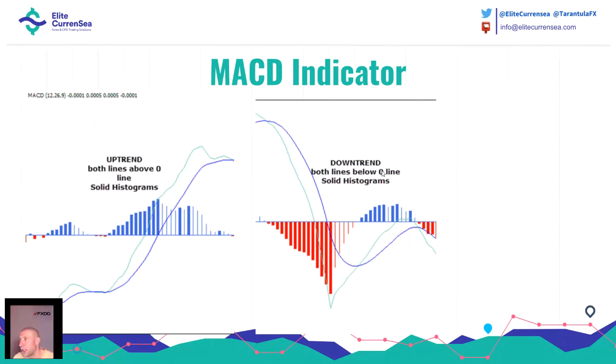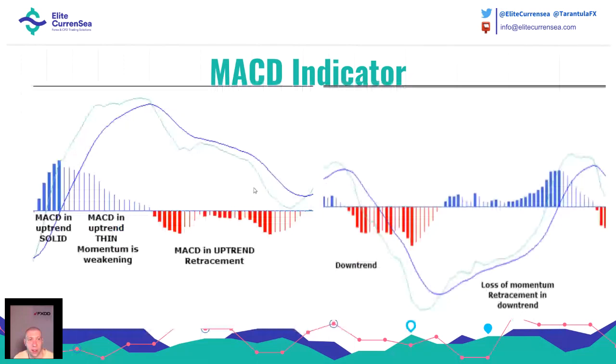A downtrend by the MACD is defined when you see both lines below the zero line and we have thick, solid red histograms. So that is a downtrend. When we see both lines above the zero line and thinning lines, it means that momentum, guys, is weakening in the market.